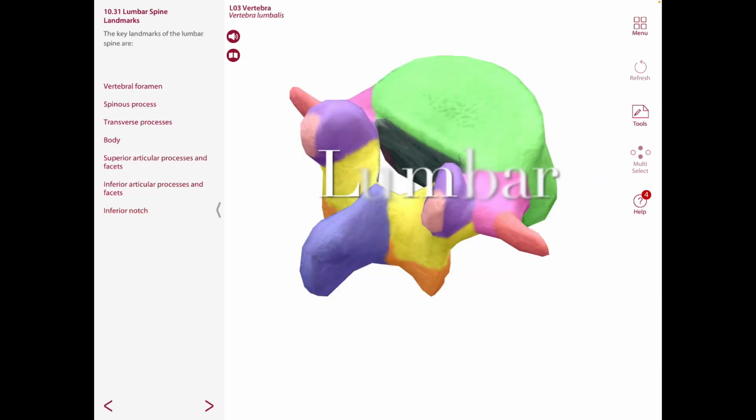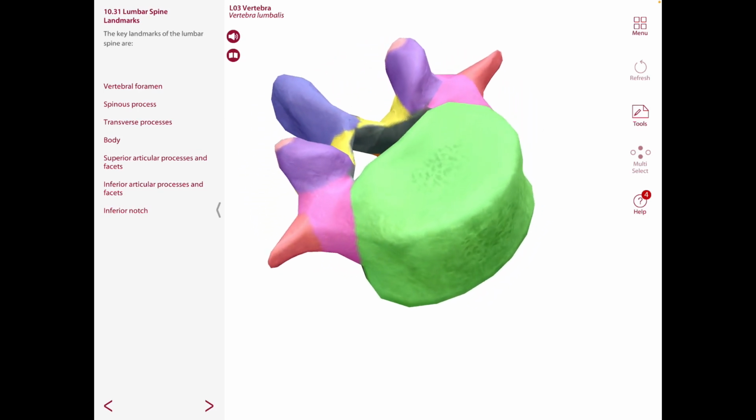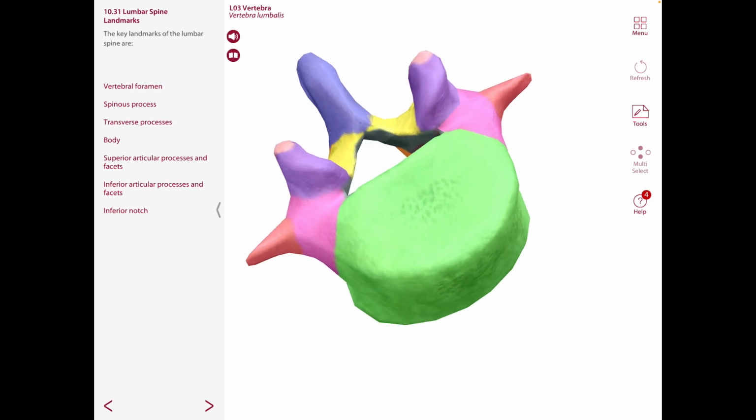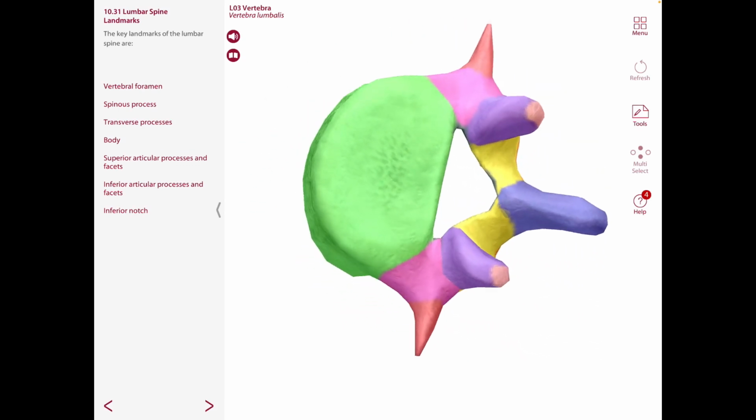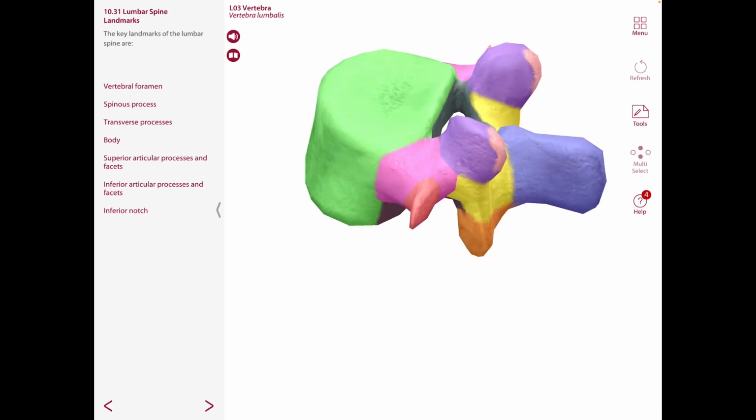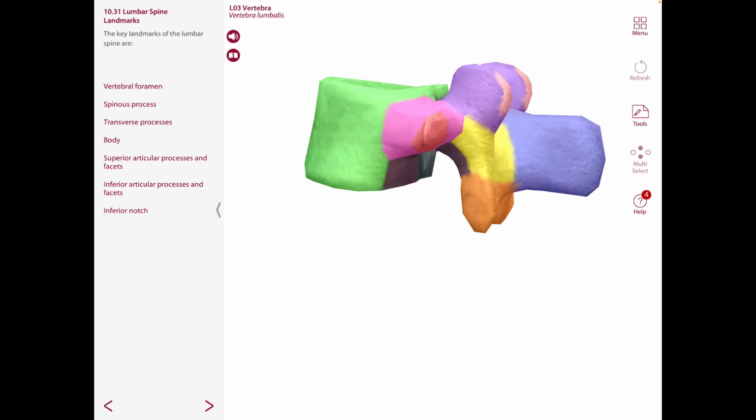Now the lumbar vertebrae are very large vertebrae, specifically because they have a large vertebral body with a kidney-shaped outline. They have a large and triangular vertebral foramen. The large rectangular spinous processes project straight and posteriorly, as you can see right there.